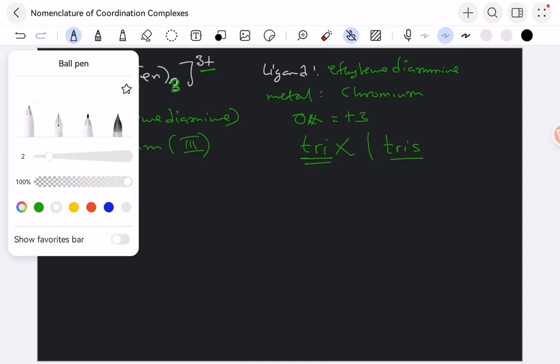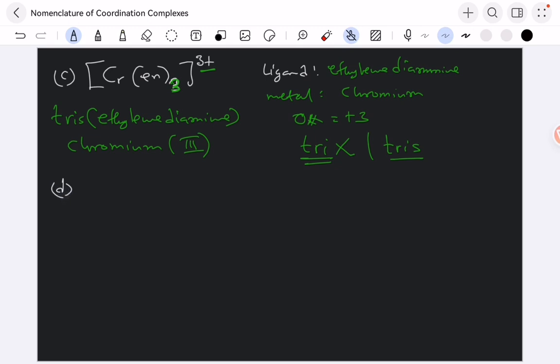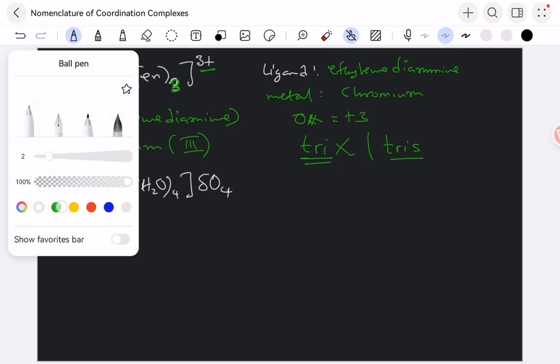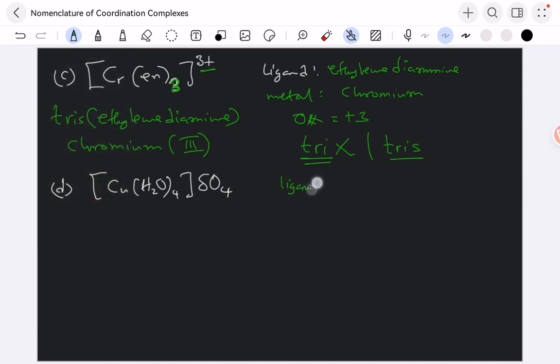Okay, let's look at another example. D. Let's say we have [Cu(H2O)4]SO4. So here we have a ligand, which is H2O, known as aqua. Then there are 4. 4 means tetra.